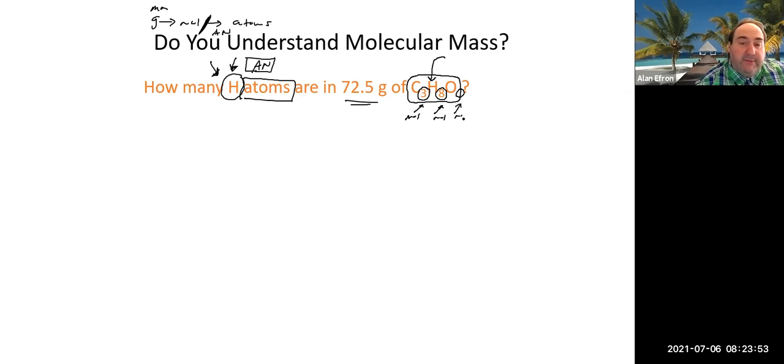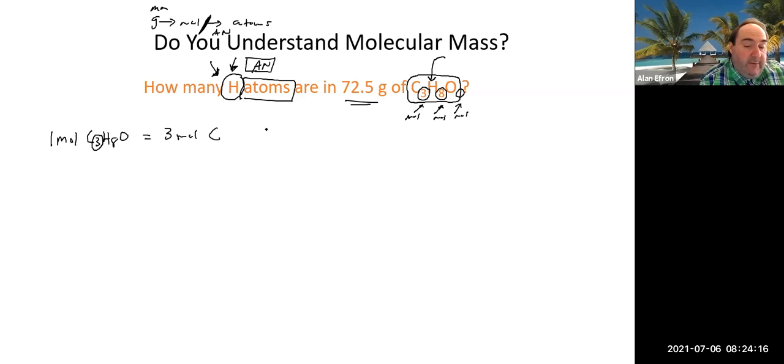And what that allows us to do is we actually can use the formula itself as conversion factors. And what I could say is, for example, in 1 mole of that entire thing, C3H8O, there would be 3 moles of carbon. And again, I would get the 3 from here.